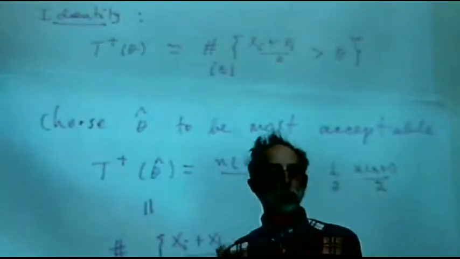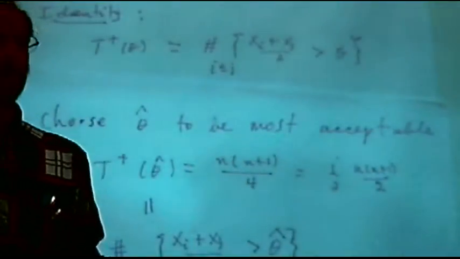There are n times n plus 1 over 2 Walsh averages. And how can you pick theta hat so half the Walsh averages are greater than theta hat? It's what? What's theta hat? What's the magic number? The value.